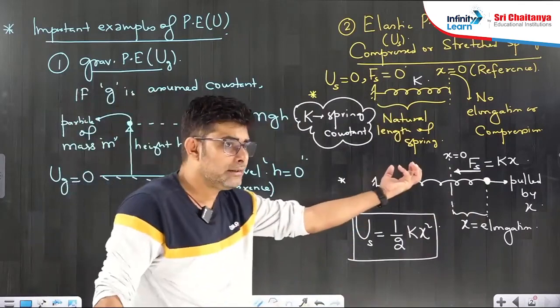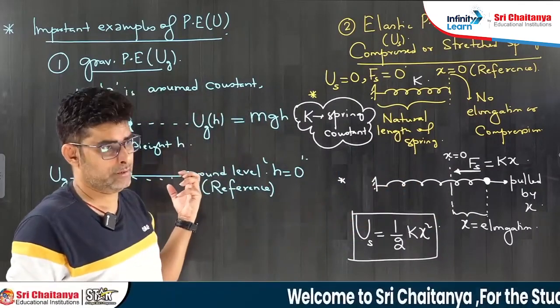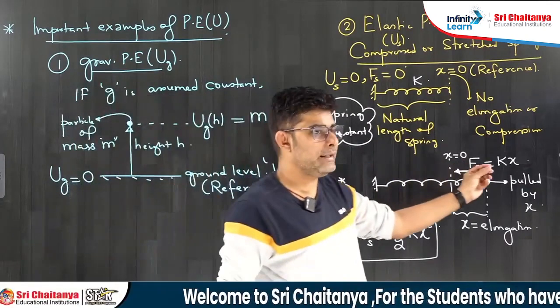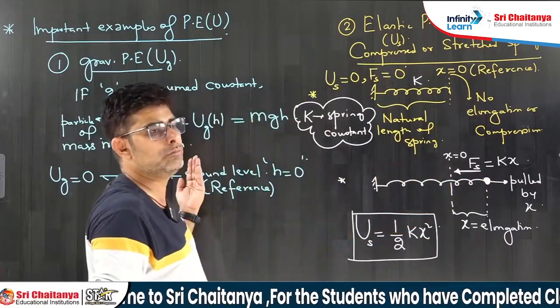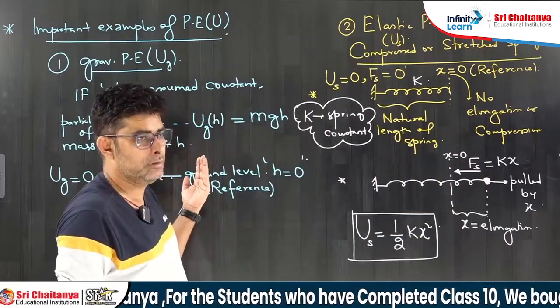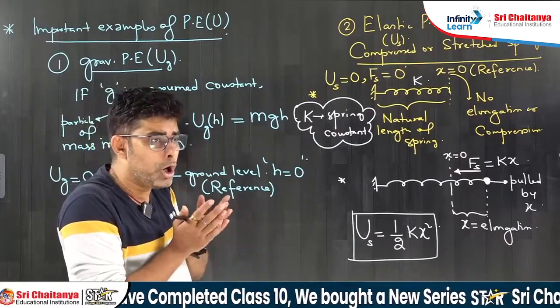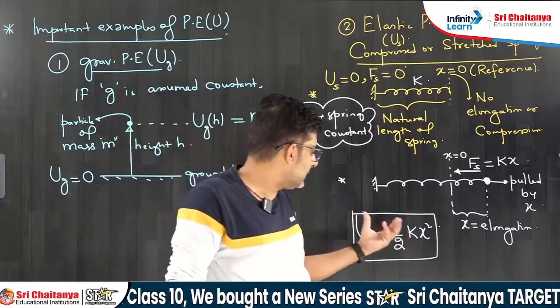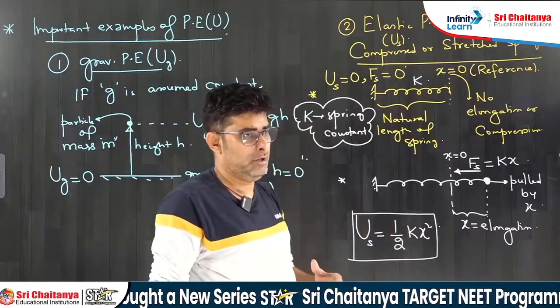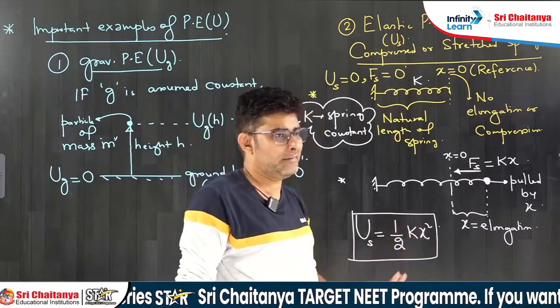You will see that this block will start moving towards the left. If you pull the spring and leave it, the block will get pulled towards the left. So from where did the block get its motion? It got its motion from the energy which was stored in the spring. So that energy is half kx square.